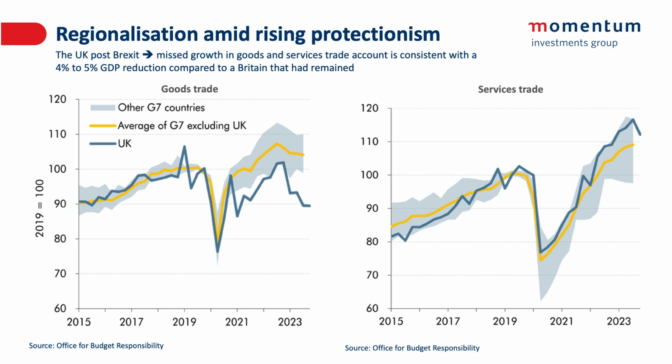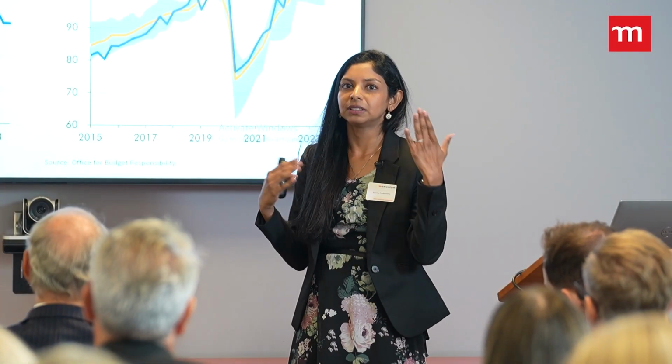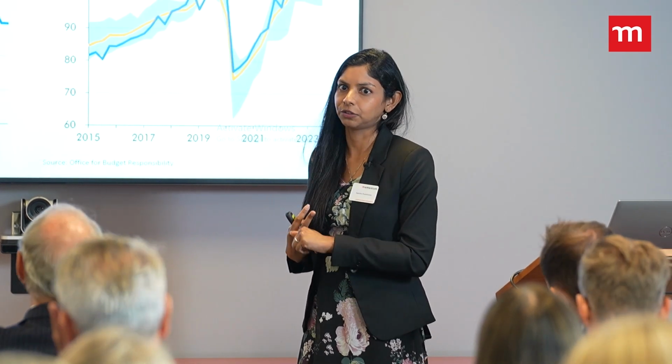I might get a bit excited because on the services side, it looks like Brexit actually helped the services trade dynamic, but this line masks a lot. Yes, pensions and insurance businesses did a lot better, up 40% relative to G7, but transport is down 20% relative to G7, and financial services down 25% relative to G7.